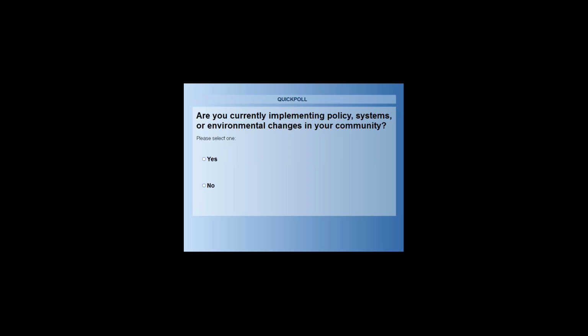So our poll question is, are you currently implementing policy, systems, or environmental changes in your community? You can answer very quickly yes or no. And if you are implementing them, you can share either in the chat feature or in the question feature what some of those changes are that you're implementing in your community.